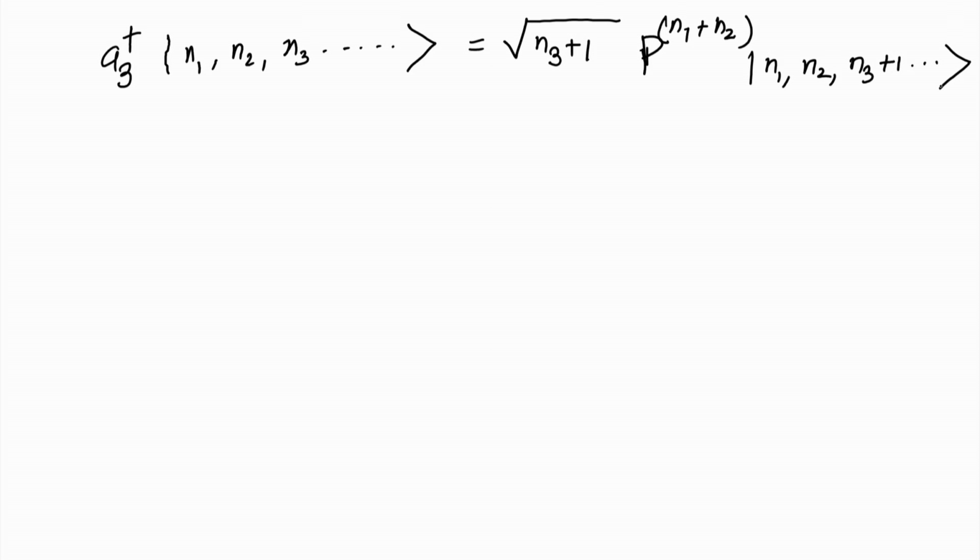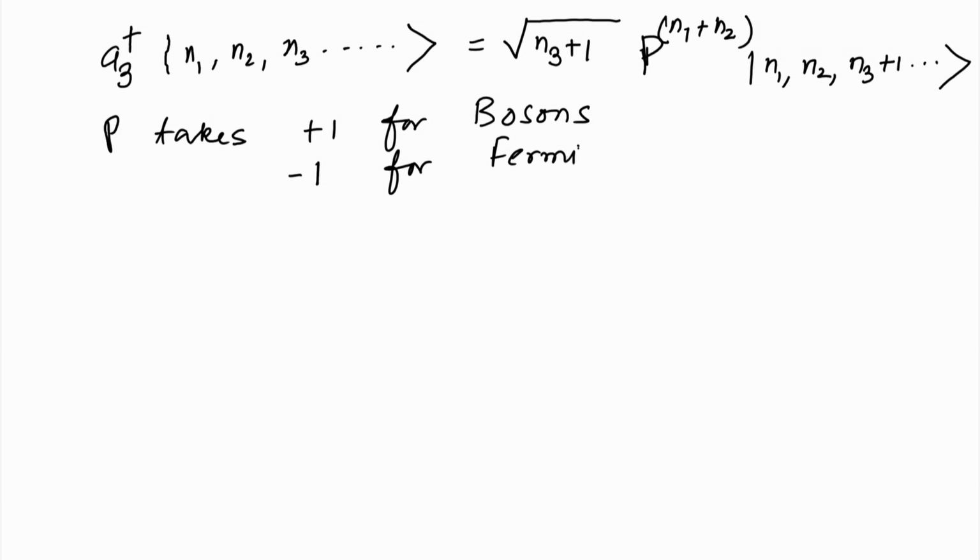So, this is the operation of the creation operator acting on n_3. So, as usual, p takes a value plus 1 for bosons and minus 1 for fermions.